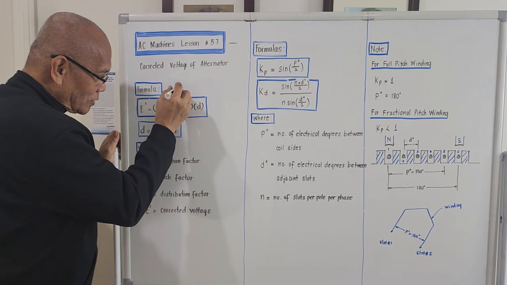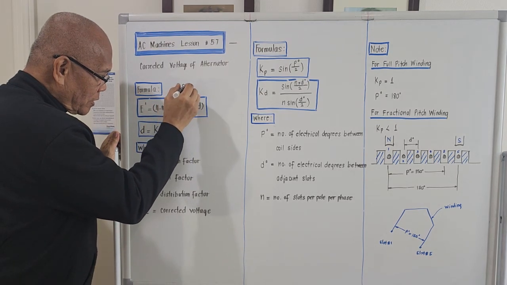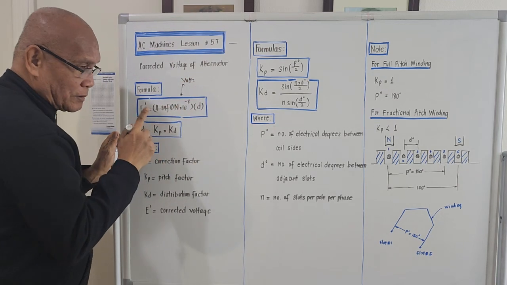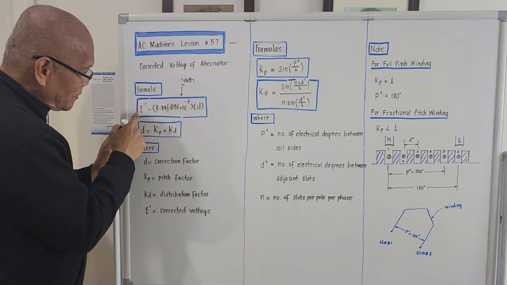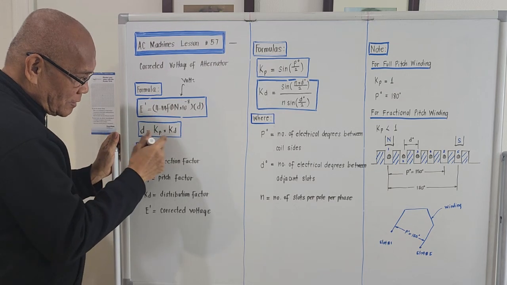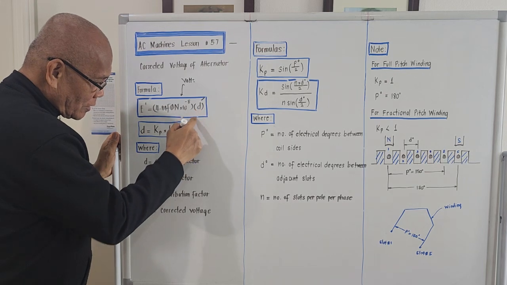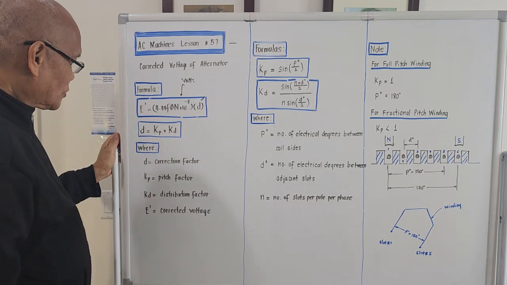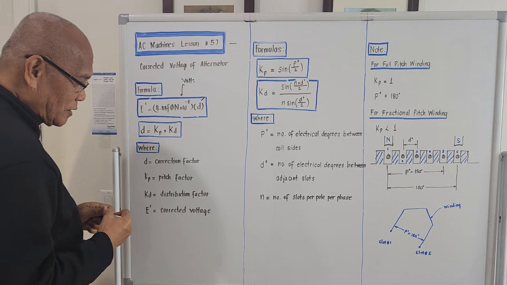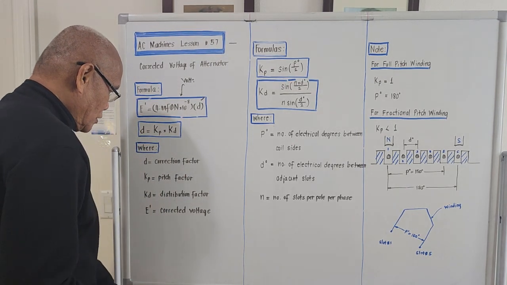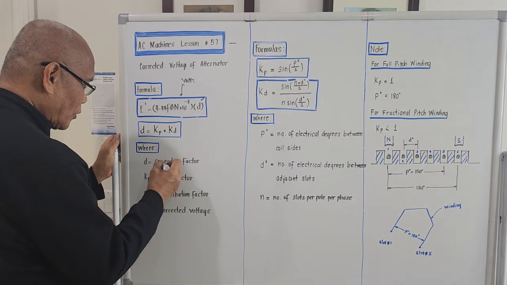Actually, we derived this one the last time around, and the unit of this is volts. But for the corrected voltage E prime, this is to be multiplied by a value, small letter d. Small letter d is the so-called correction factor.